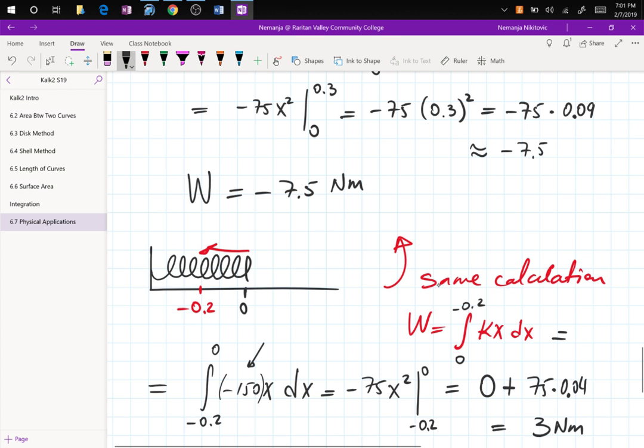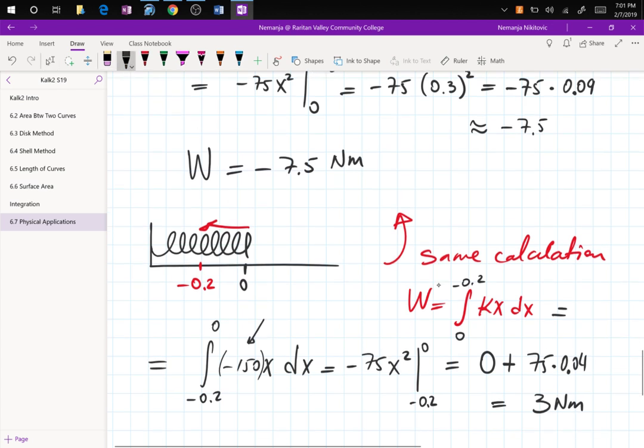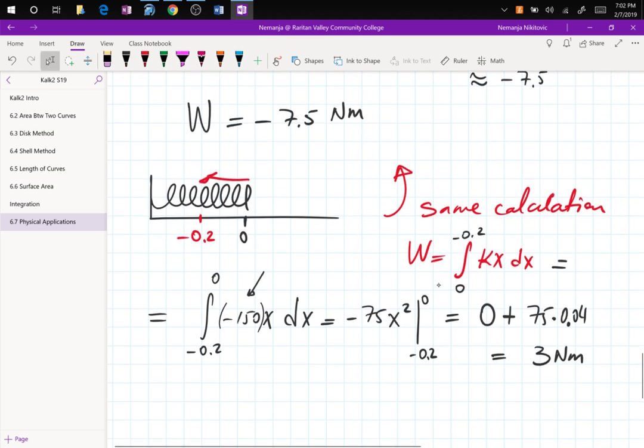And what I did is I used the frame of reference of what's happening first and what's happening next to set up the integral, but I already used the opposite sign within k. So I doubled up on the negative, and it turned out to be negative at the end. So you still use negative 150, but whether you flip the integral depends on the direction of the force.